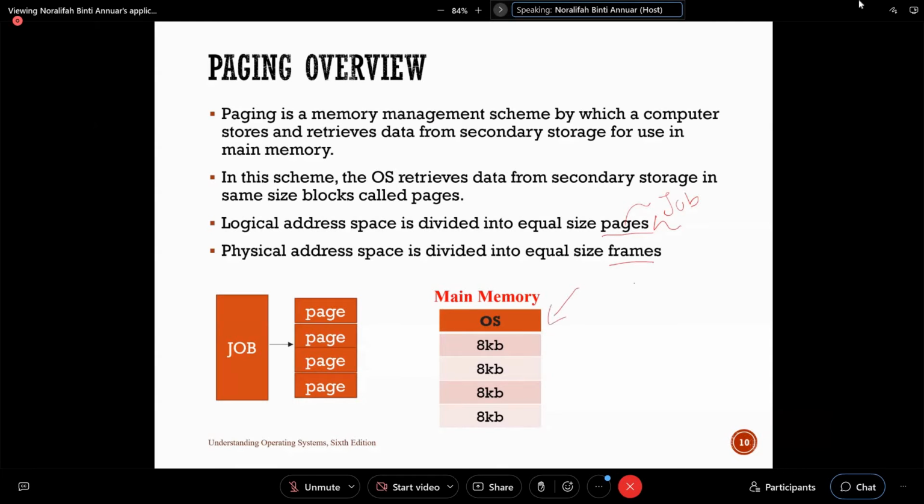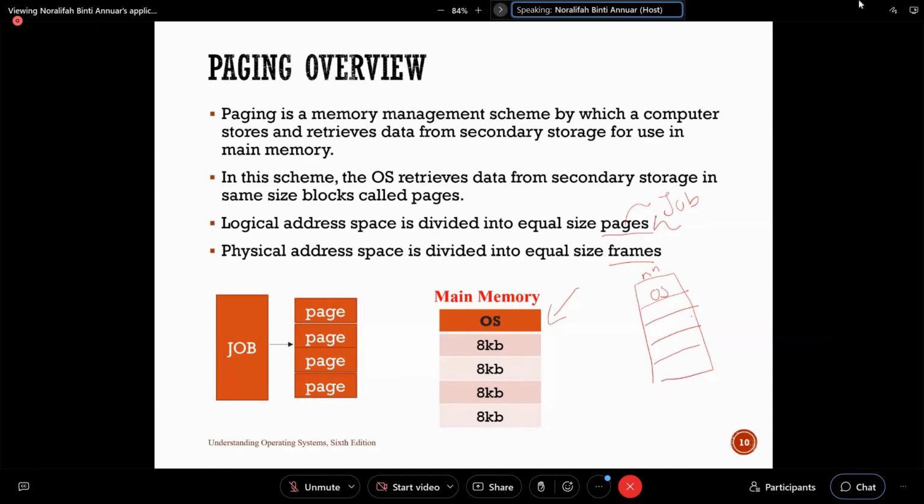Kan? This is your main memory. Before this we only used the word partition kan. So now, this is your main memory. If you divide into equal size frames, kalau you guna paging allocation, the size of the frame must be equal with the size of the page. So partition ni dalam main memory we call it frame.